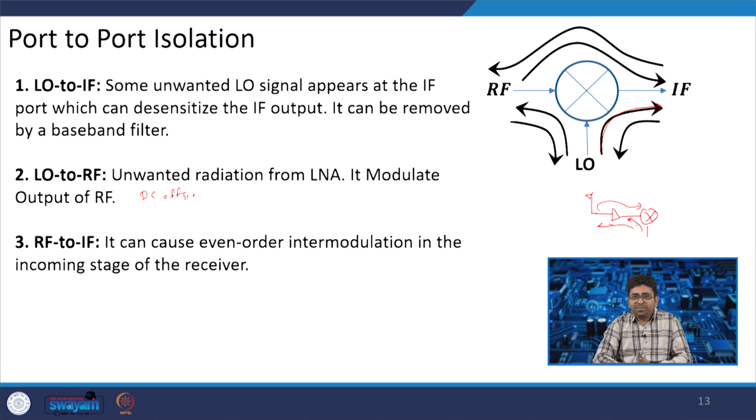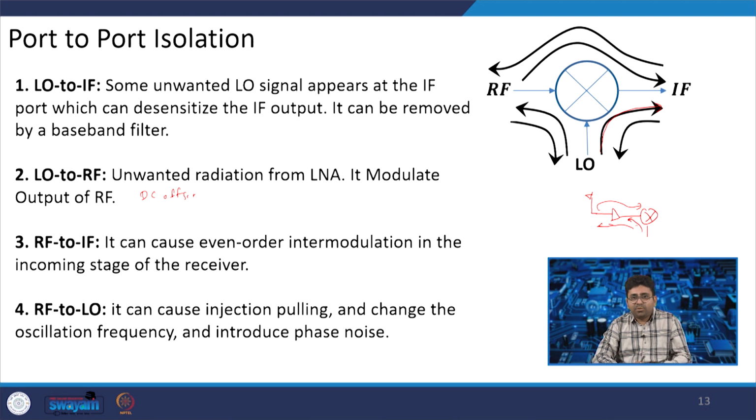Though the RF amplitude is not high, there is a possibility that if you are near the base station, the RF signal is high, and if it is feeding through to the IF, your other components might have distortion. So, it can cause even order intermodulation in the incoming stage of the receiver.